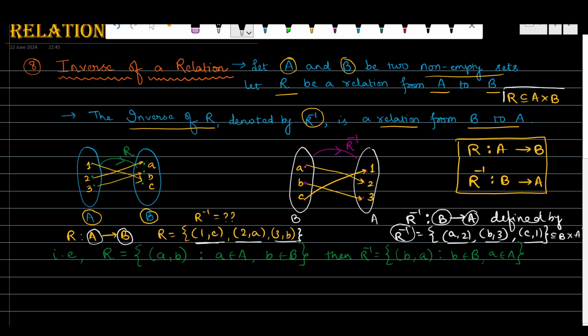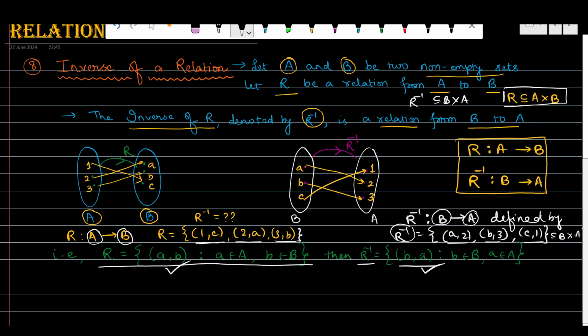As R was the subset of A cross B, so R inverse is a subset of B cross A. So if R contains the ordered pair of the form AB, then R inverse contains the ordered pair of the form BA, right?